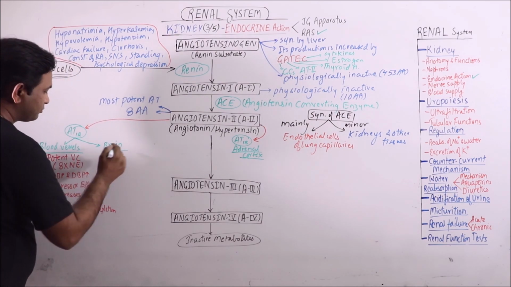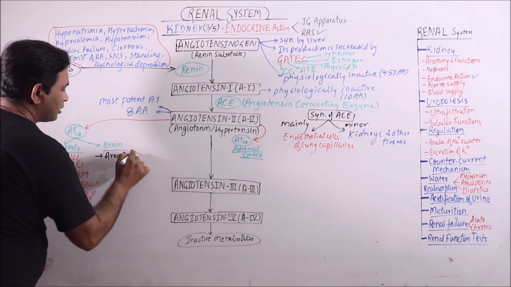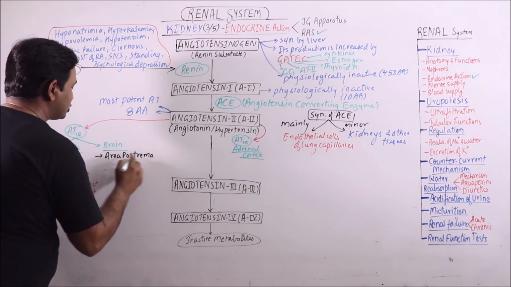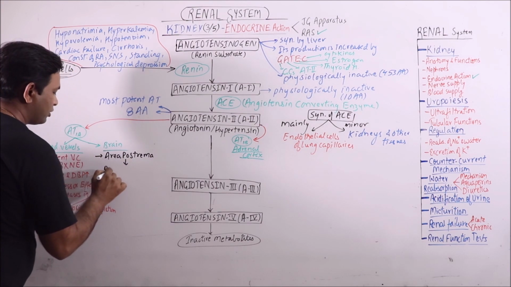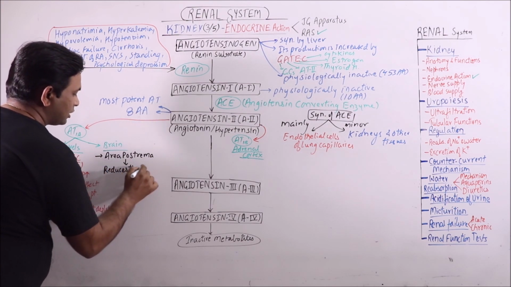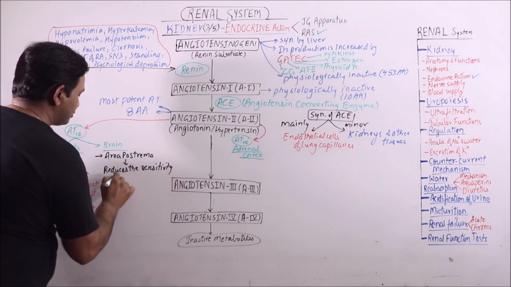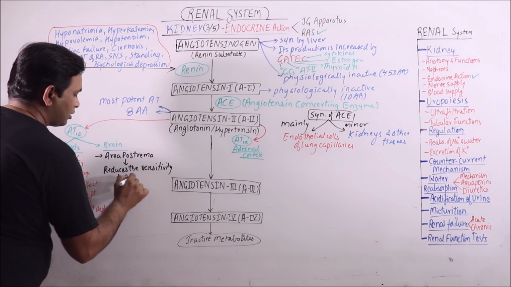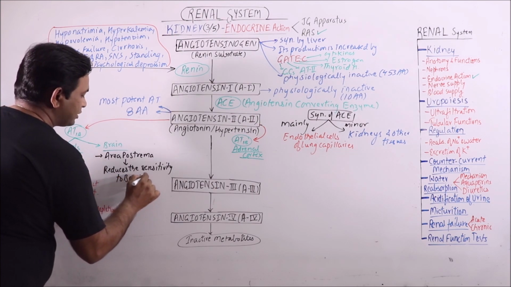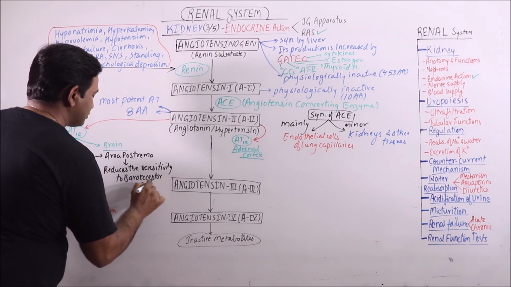For example, it will act on area postrema, because of which it reduces the sensitivity to baroreceptor reflex.